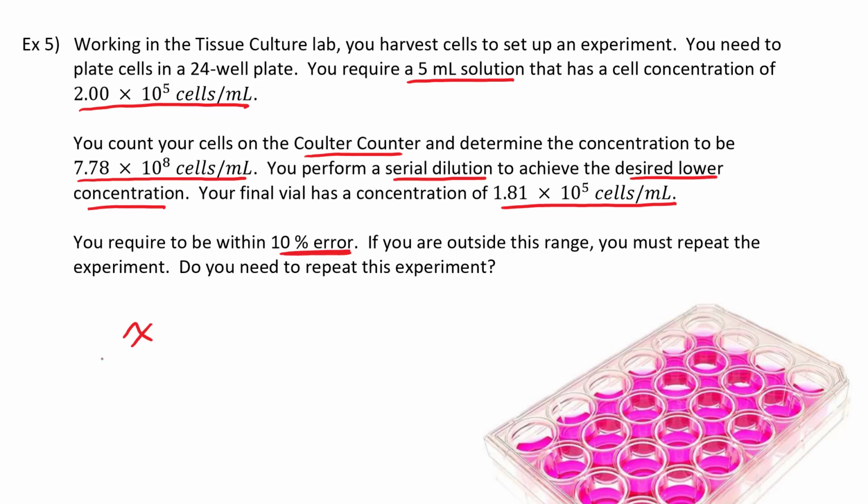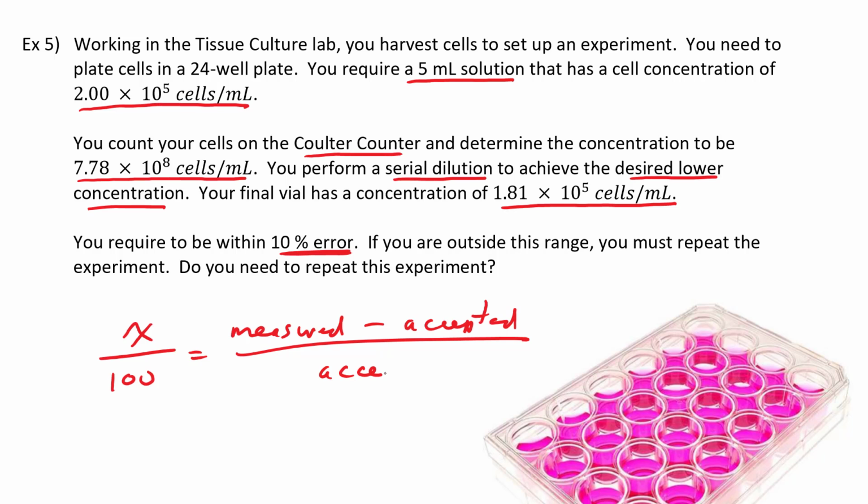We want to know what our percent error is. We have our measured minus the accepted, divided by the accepted. My accepted value is what I asked for. My measured value is what I diluted down to.